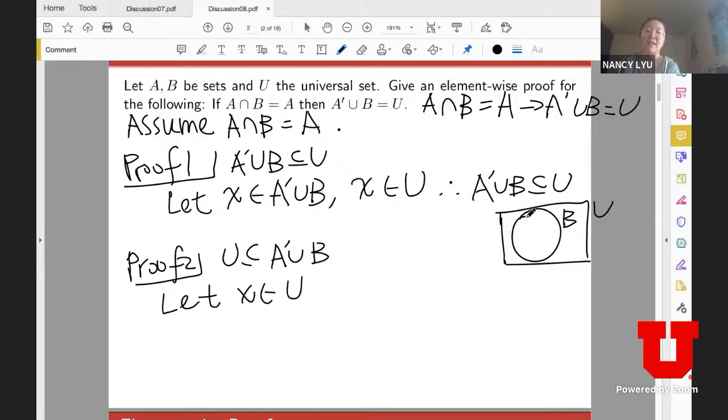A union B is A actually means B is a subset of A... so that all the elements in A are also contained in B. So as we go back here, X is in the universal set. We can say X is either in A or X is in A complement. Is that correct?